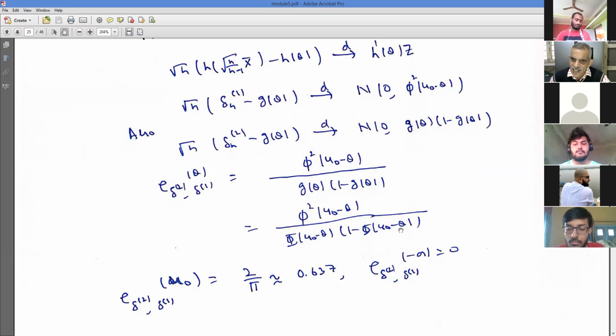So this is symmetric in u naught minus theta, right? Means you only need to know that it is an increasing function of mod of u naught minus theta. So that is equivalent to saying that phi square x upon capital phi x into 1 minus phi of x is an increasing function of x for x greater than 0. Is that okay? So that you can show analytically, as well as if you want, you can quickly go to an Excel sheet and then plot a graph of this function using any software, and you'll see that it turns out to be increasing.